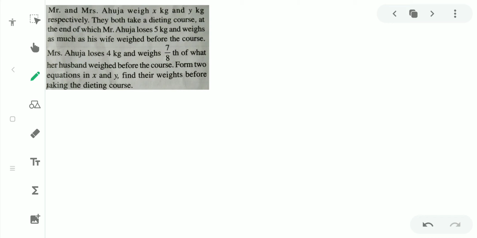So let Mr. Ahuja, I am writing Ahuja with A, weigh X kg.